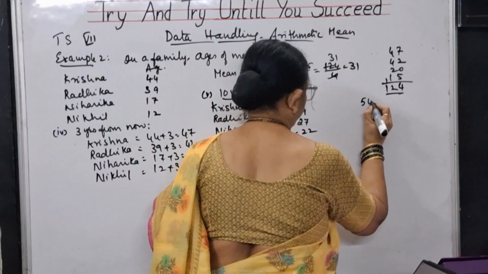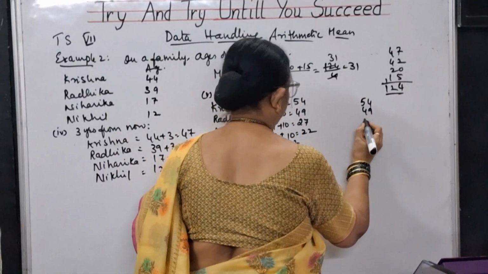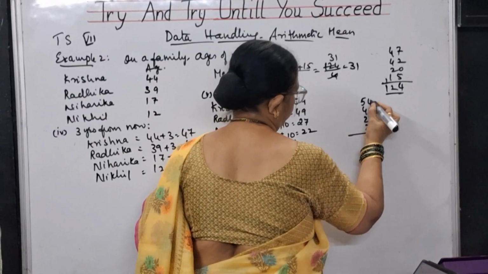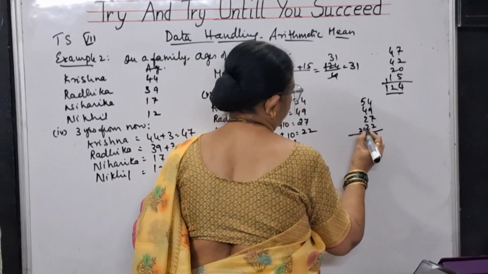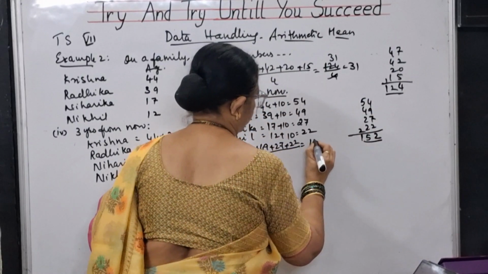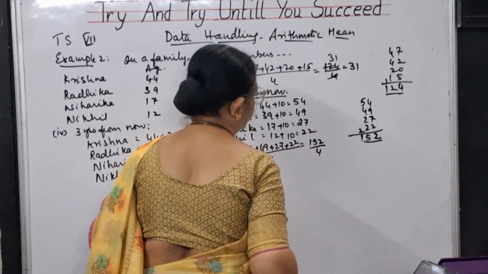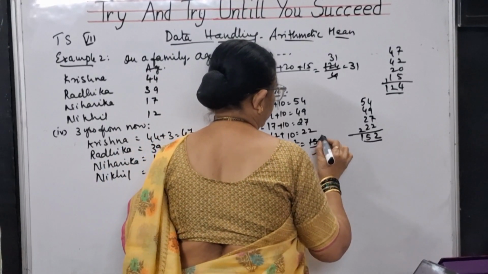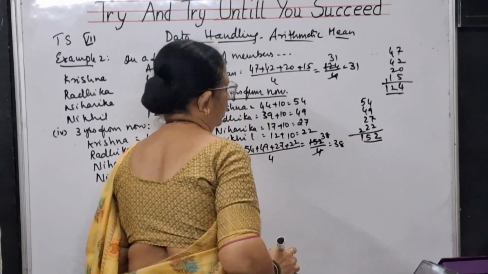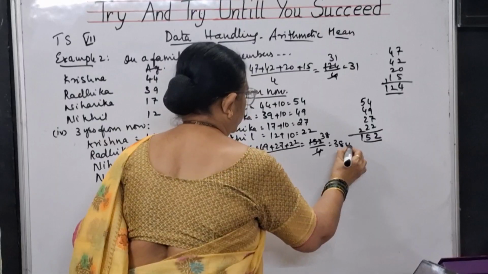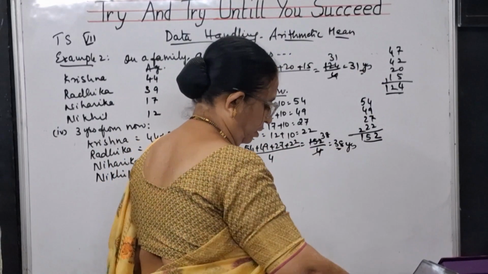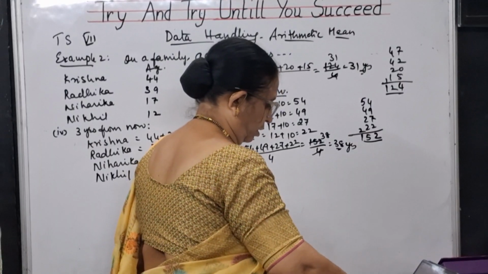So 54, 49, 27, 22. 9, 9 twos are 18, 22. 2 to 4 to 6, 10, 15. 152. 152 by 4. 4 threes are 12, 4 eights are 32. 38 years is the mean. Okay.